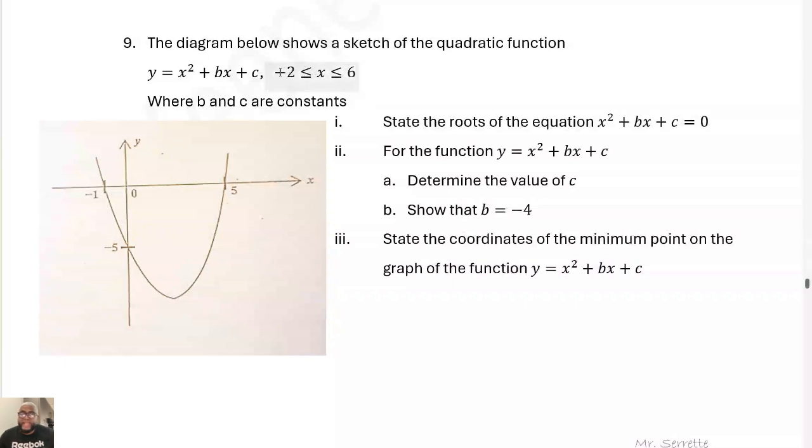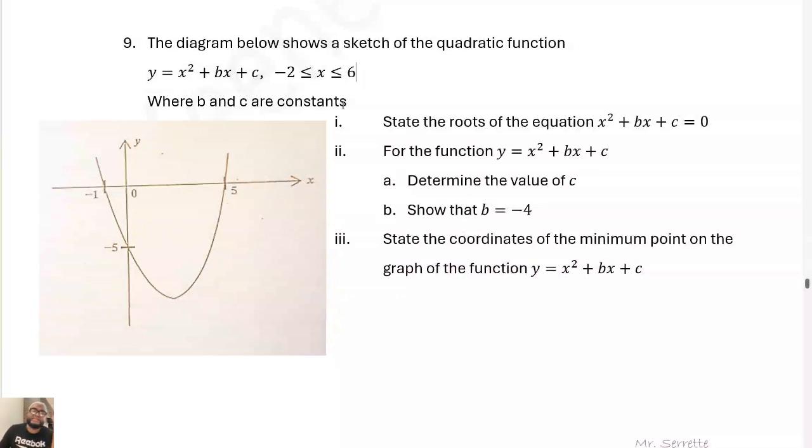All this means is that -2 is less than or equal to x, which is less than or equal to 6, right? It just means that all the x values for this curve start at -2 and go straight to +6. That's all it said.